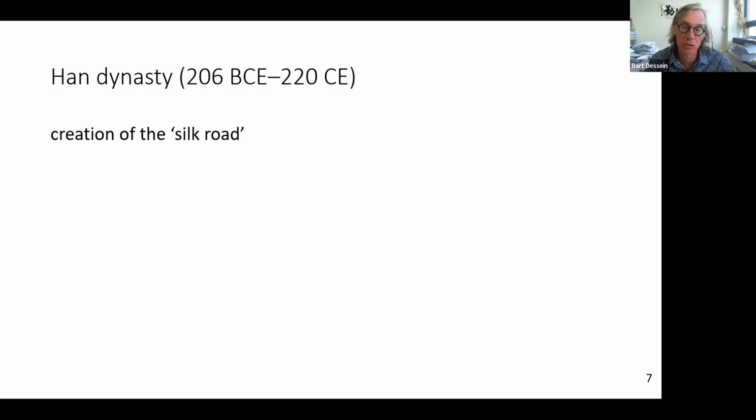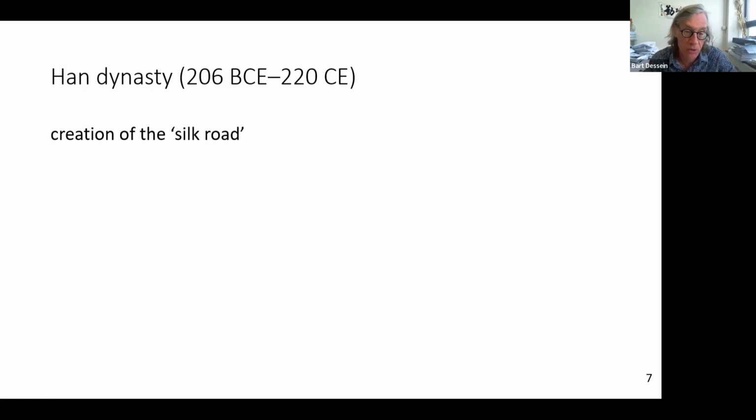And this started what then became known as the Silk Road. The term was only coined in the 19th century, but since the Han Dynasty, so since the beginning of the Common Era, we see that there was a cultural and at first a trade and economic connection between China and Central Asia, but with that also came culture.